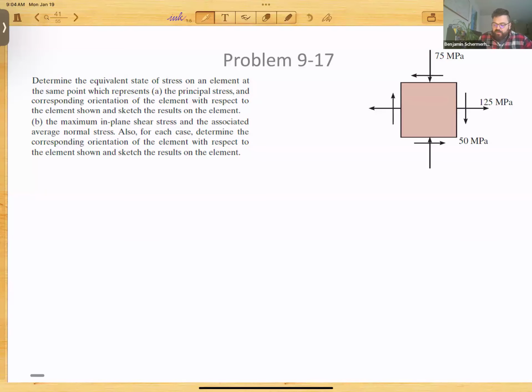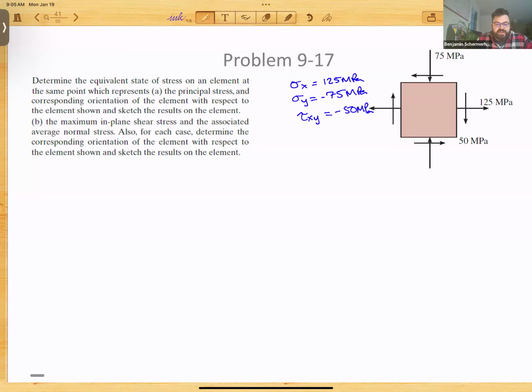Okay, so let's look at our initial state of stress here. Sigma x is going to be 125 megapascals. Sigma y is going to be -75 megapascals. Tau xy, because it's directed downward on the right face, is going to be -50 megapascals.